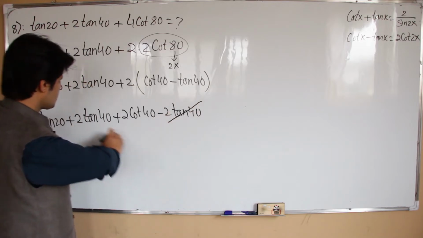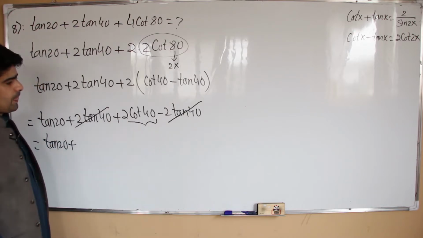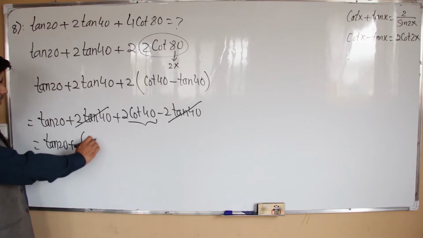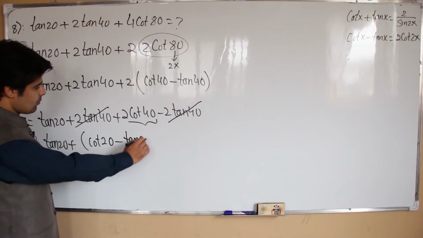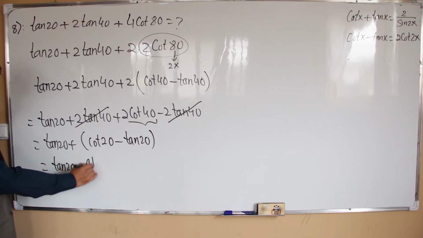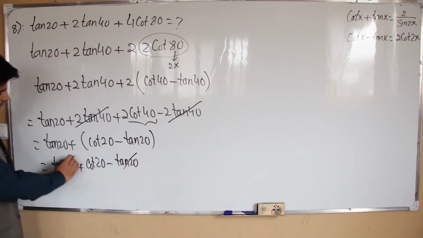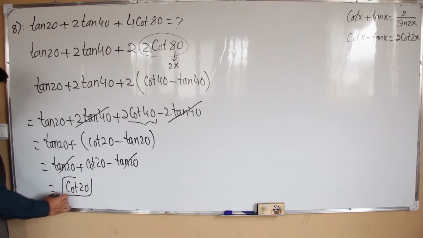Now I think this is cancelled. So tangent of 20 plus, instead of this one, 2 cotangent 40. Can I write once again its formula? Cotangent of its half, which is 20, minus tangent of its half, which is 20. Now open the bracket: tangent of 20 plus cotangent of 20 minus tangent of 20. So this is cancelled. Our answer is cotangent of 20.